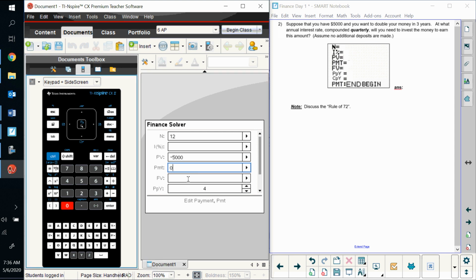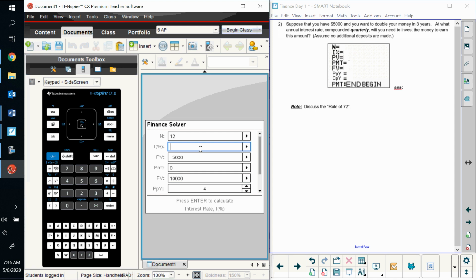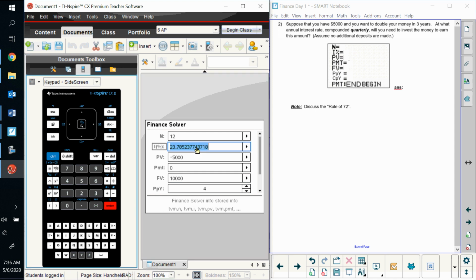We are not having any payment, and we want to double our money, so we want the final value that we get out of our investment to be 10,000. So then just go up to the percentage and hit enter, and we get our percentage. So let's say we'll go to the nearest tenth of a percent. So that means we would have 23.8% in order to double in that short of time.